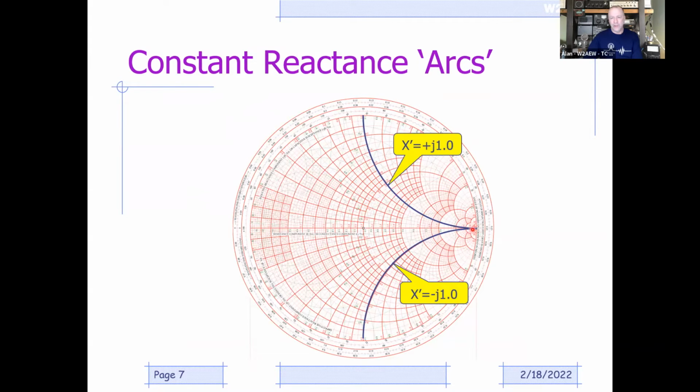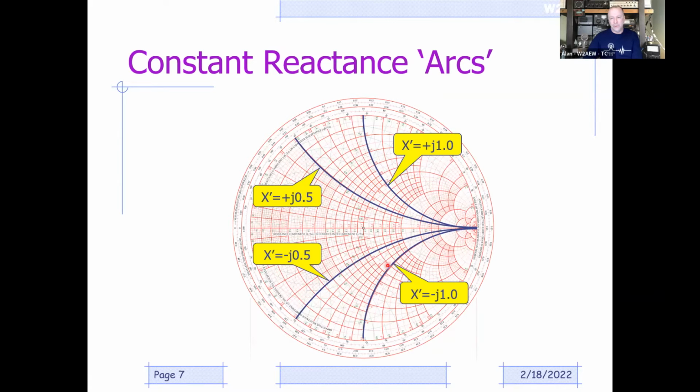I've highlighted the plus J1 arc and the minus J1 arc. The values for those are up here. It's a little bit tough to see, but if you grab a Smith chart, you can look at it. There's a 1.0 here, and that's 0.9 and 0.8, etc. So these lines right here, for example, are plus 0.5 and minus 0.5.